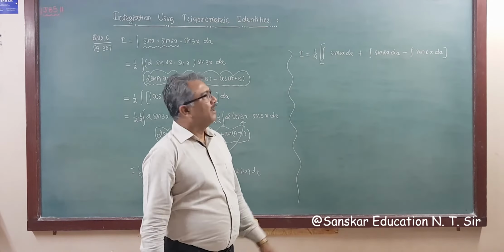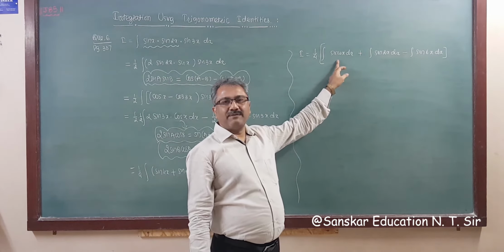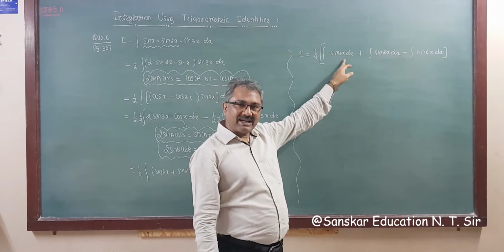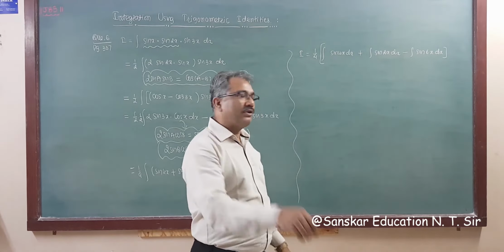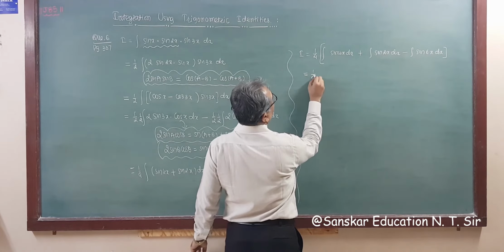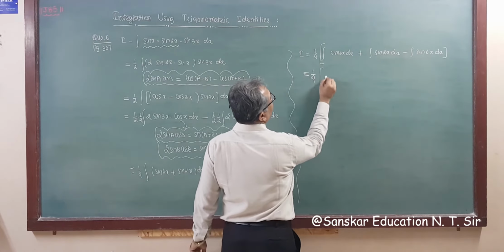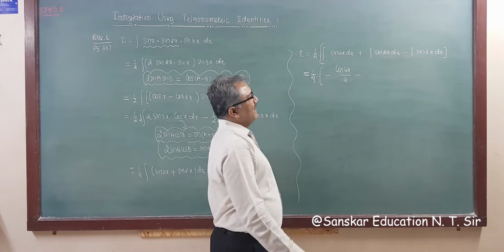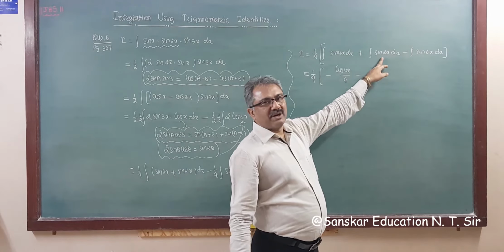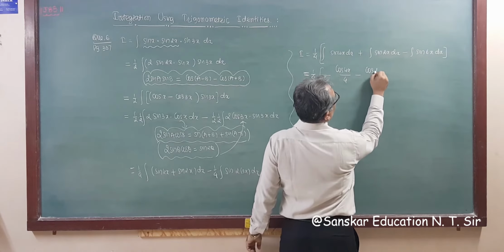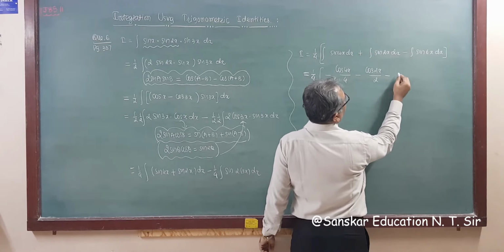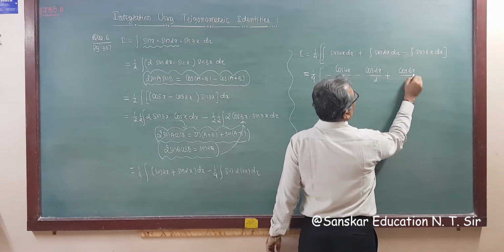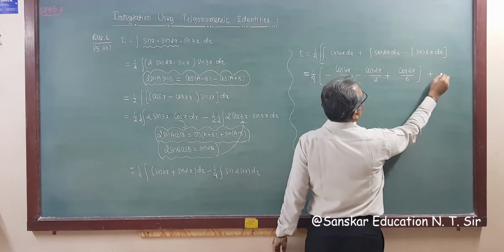Now integrating this: integration of sin x is minus cos x, but the coefficient of x is 4, so you have to divide by 4 also. So this is 1 upon 4 as it is, and the answer will be minus cos 4x by 4 minus integration cos 2x by 2, so minus cos 2x by 2, and this is minus, so minus plus cos 6x by 6, right, and plus c.